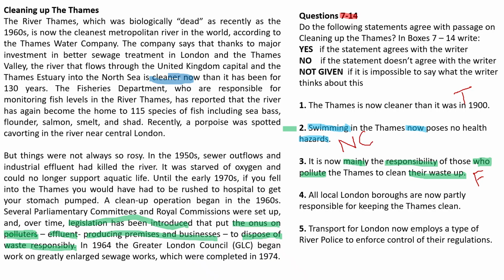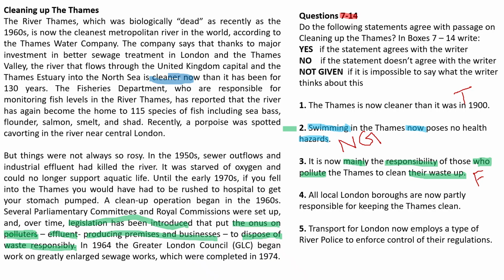So it's very clear that at the moment it is far cleaner than it was in 1900. So this statement is yes, absolutely right. It is true. Clear? Yeah. So this statement is true.